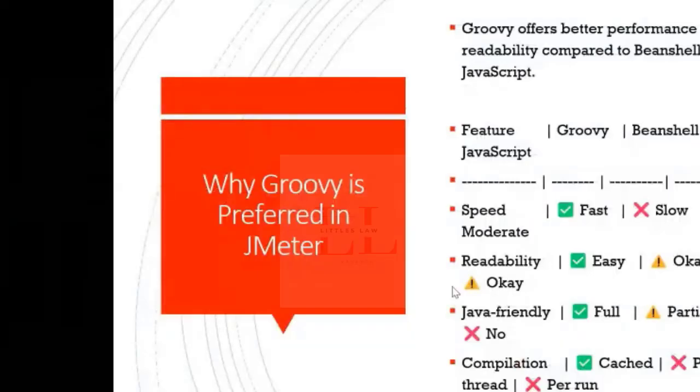Let's move to the next one here. It's definitely its readability, and when it comes to integration, Groovy is 100% interoperable with Java. So you can import and use any Java class, which we have discussed already. Let me quickly show you an example for that as well.